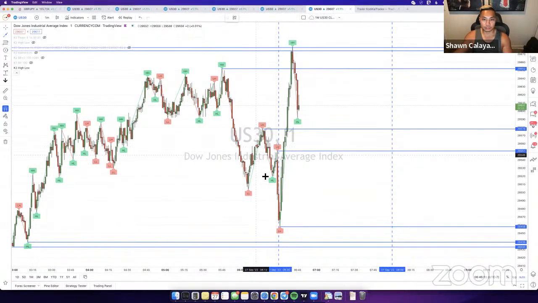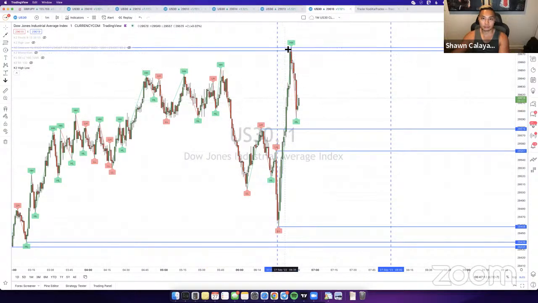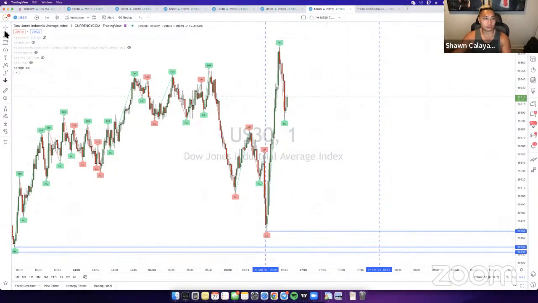You can see our price pushed up. Basically hit liquidity, and then came right back down. So as price hit liquidity over here, I'm going to go ahead and clean up this area and redraw current market structure.